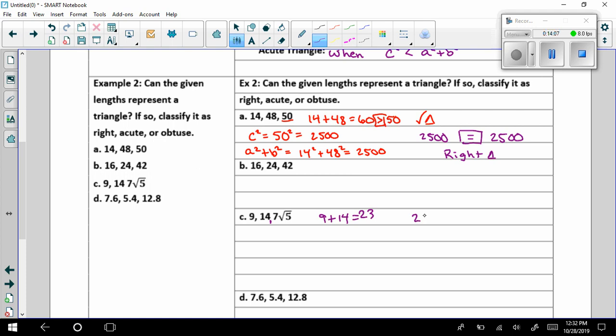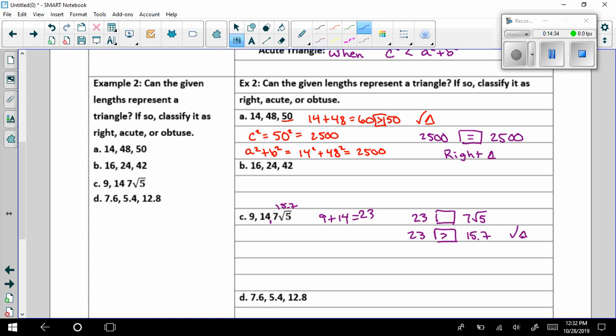When comparing something to something in radical form, so we're comparing this to 7 root 5, which you would have needed to do in your calculator real quick to see that it was the longer side, so that's 15.7. 23 is obviously greater than 15.7, so this is a triangle.